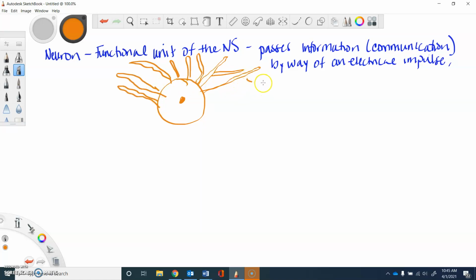And these things were called dendrites. Dendrites receive information. So they receive impulses. Impulses come in this direction and they go towards the cell body.